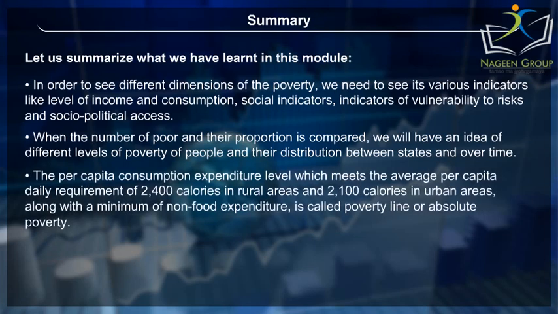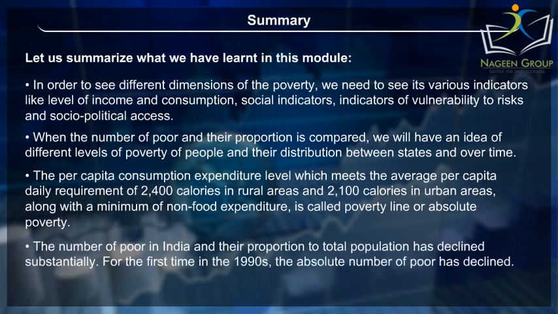The per capita consumption expenditure level, which meets the average per capita daily requirement of 2,400 calories in rural areas and 2,100 calories in urban areas, along with a minimum of non-food expenditure, is called the poverty line or absolute poverty.